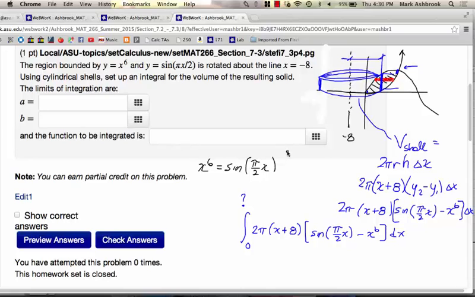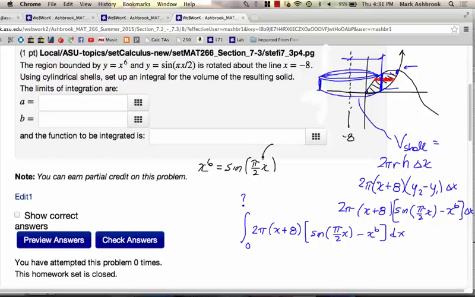You know that sine always goes from 0 to 1. So just find when x to the 6th equals 1, which is just 1. So sine of pi over 2 is 1.